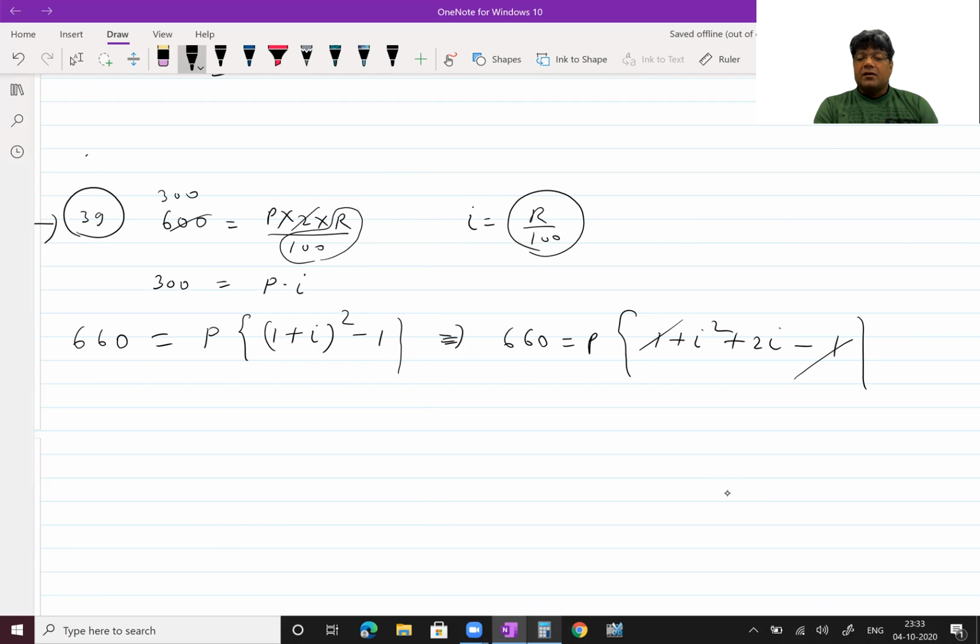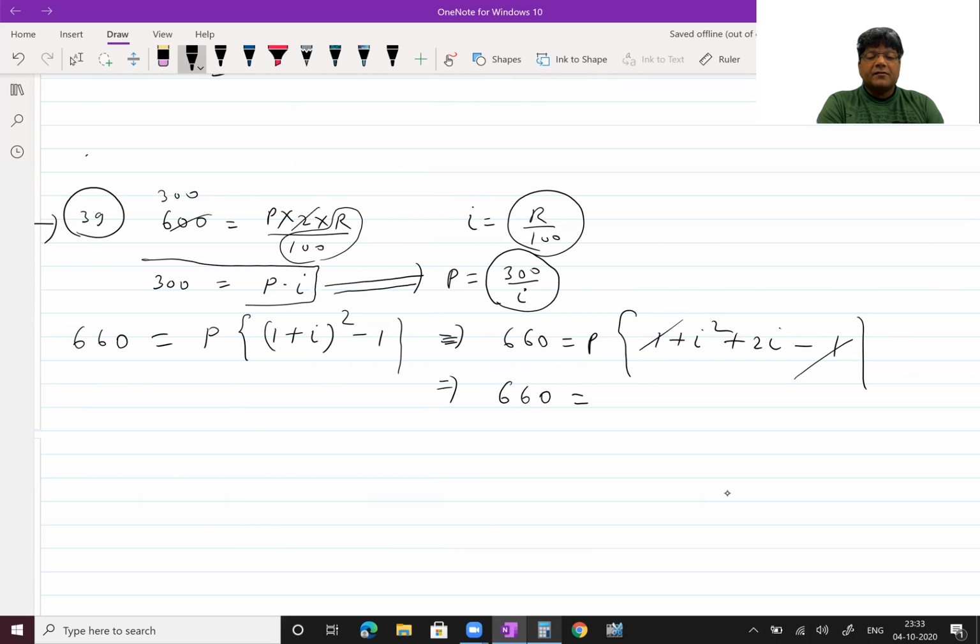And this implies 660 is equal to P into (I square plus 2I). Guys, from this line, I can get P is equal to 300 by I. So now in place of P, if I put 300 by I, and then I square plus 2I, means I common inside the bracket, I plus 2.